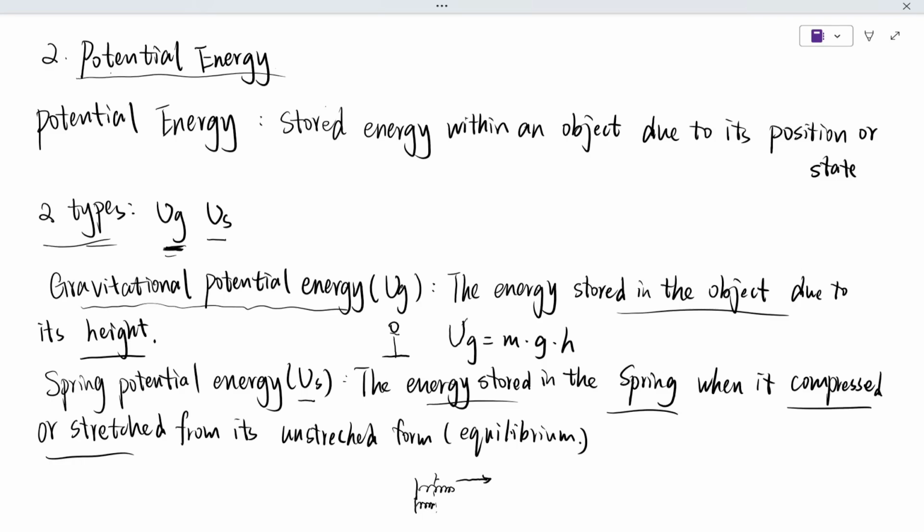Because you stretched the spring, the actual length of the spring changes by this much, which means it has spring potential energy. And the formula for calculating the spring potential energy is Us is equal to 1/2 times k times delta x squared. k is the spring constant, and delta x is the length you stretch the spring. In this example, the delta x is this part.